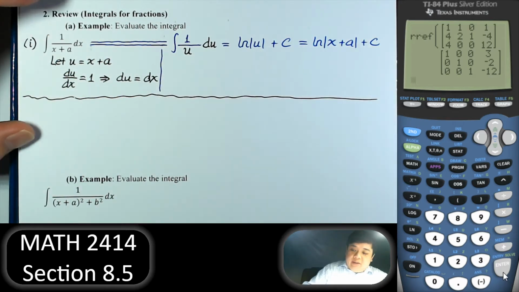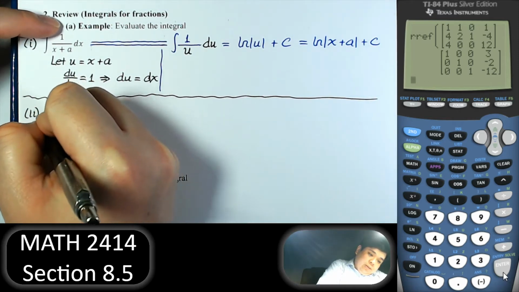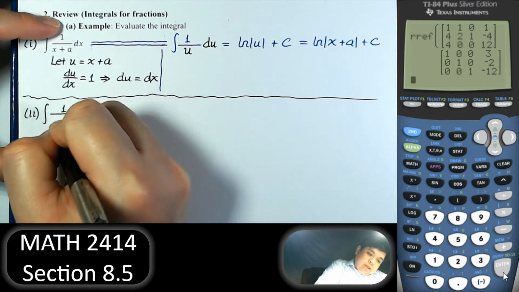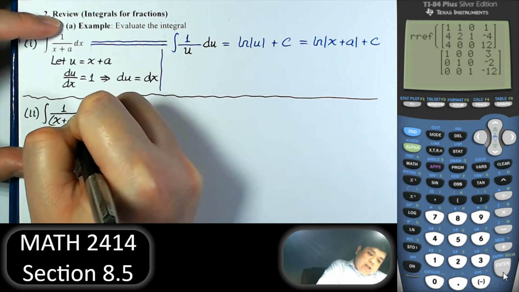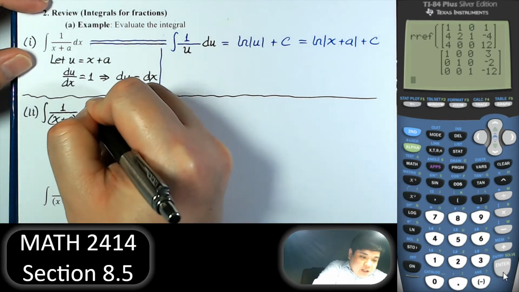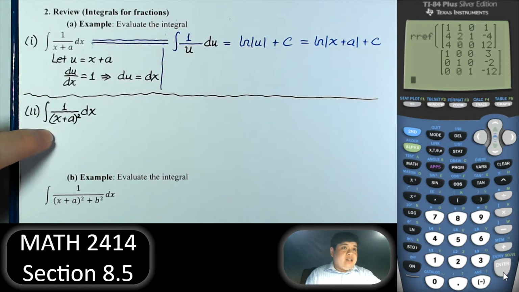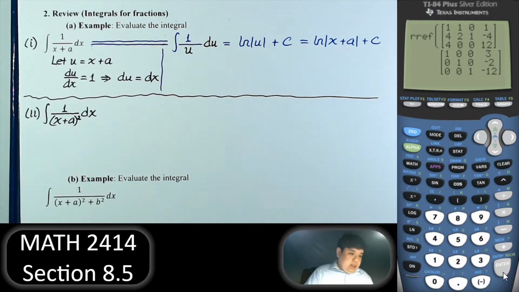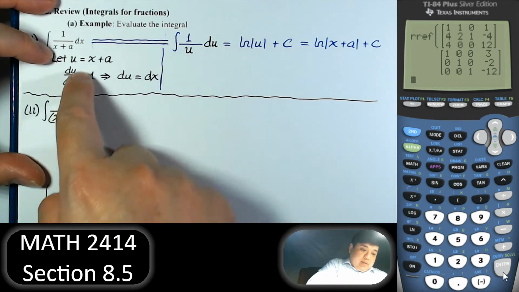Potentially we could have that factor squared. Right, so we do this example first. So later on when we see a fraction like this, we don't have to do the integral again. Let's just go back to the summary here. So we do the same substitution.